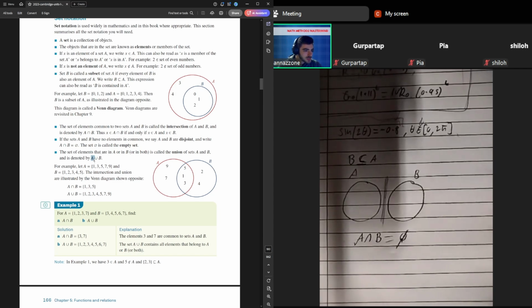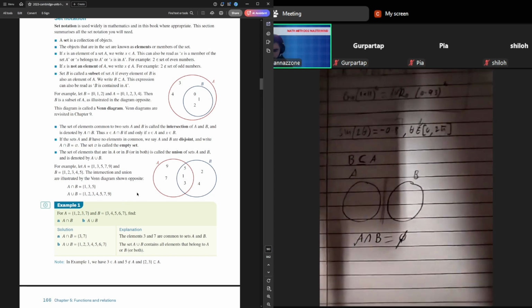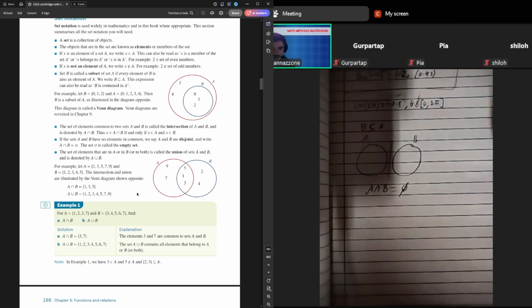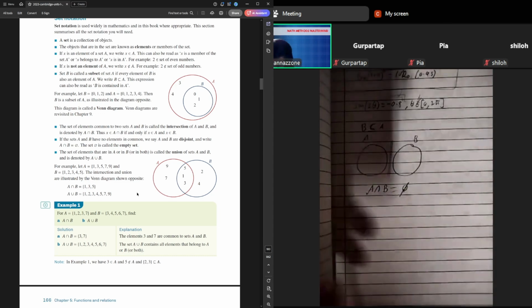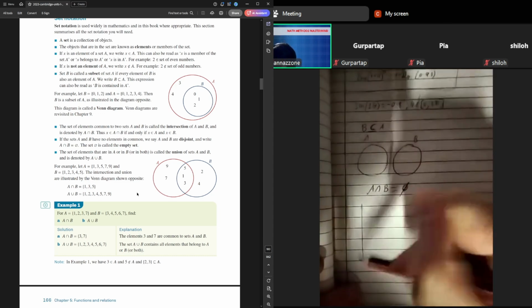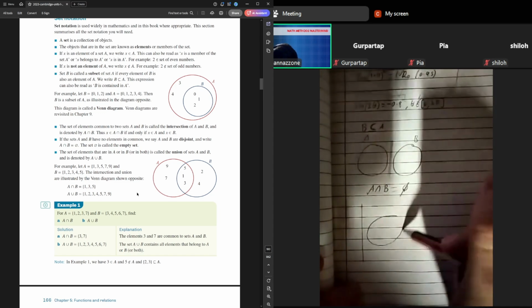Okay, the union, so A U B, a deep U looking shape, that's everything included in your Venn diagram. So A union B would become 1, 2, 3, 4, 5, 7, and 9, all those numbers. That is the union. Now, the reason why it gets its own little thing, rather than just being called the join of all the sets, is because you also have things that are outside of the Venn diagram.